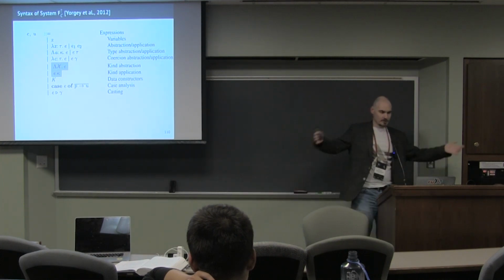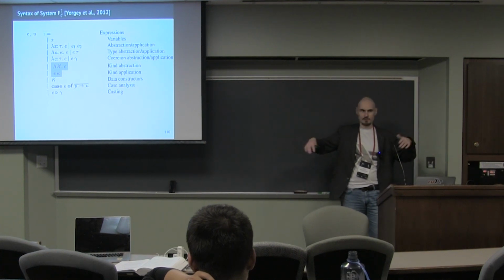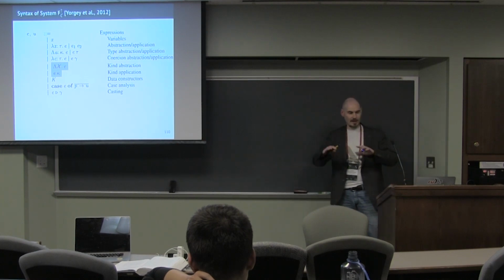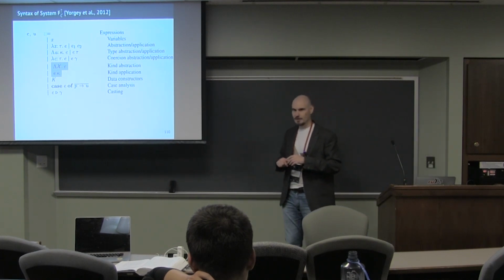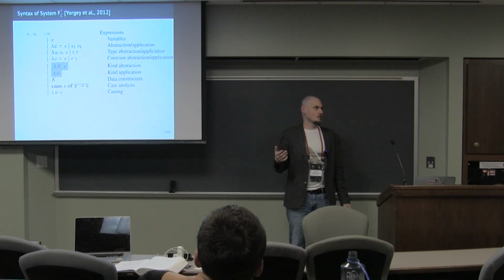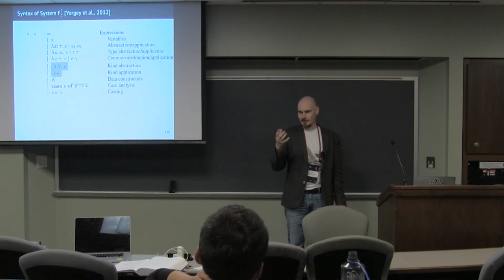So the system GHC Core becomes more and more difficult. You have three sorts of abstraction, three sorts of application, and in such a situation, you need to classify kinds. If you have more than one kind, then you have to classify it.